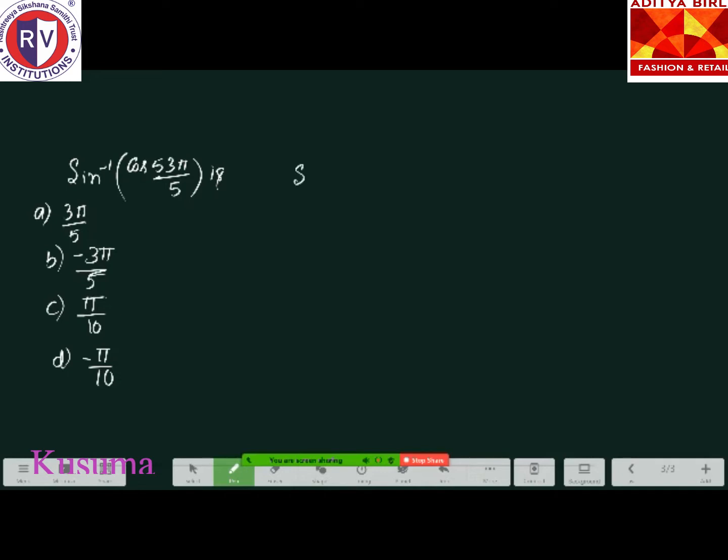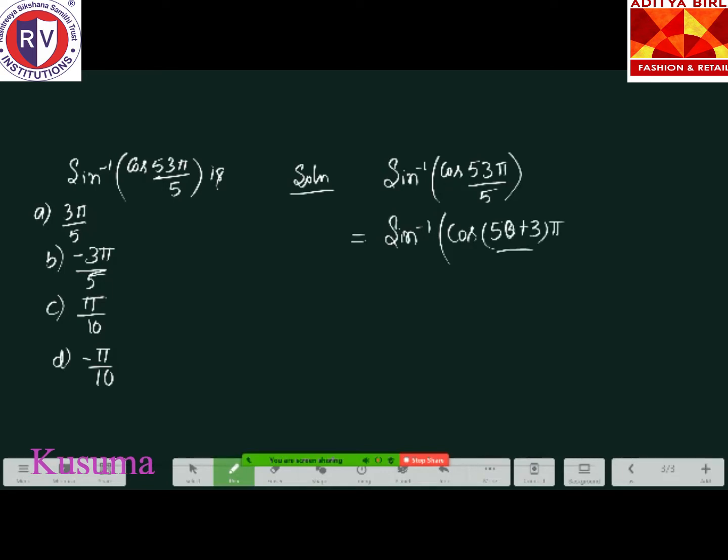Look at this, how to find out the solution. So it is given that sine inverse of cos 53 pi by 5. So can 53 be written as 50 plus 3? We can write it, right? Sine inverse of cos 50 plus 3 into pi divided by 5.